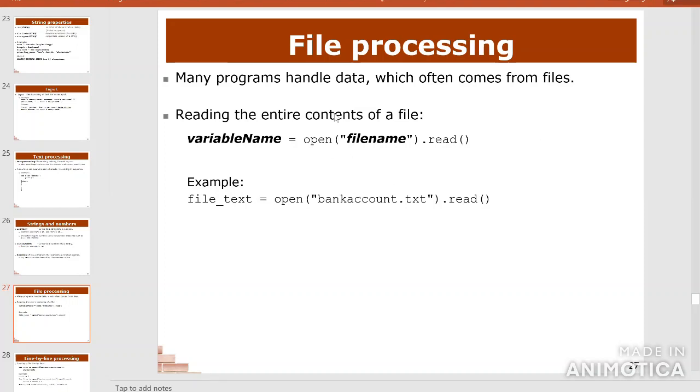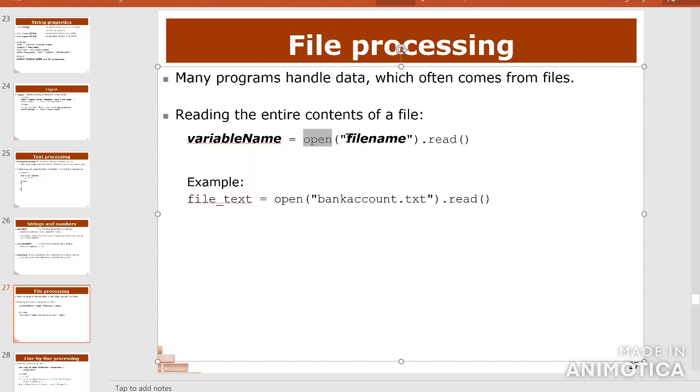But for Python, it's a little bit different, though the concept is the same. For example, if you want to open a file, you can use this open function. So this open function can help you open a file.